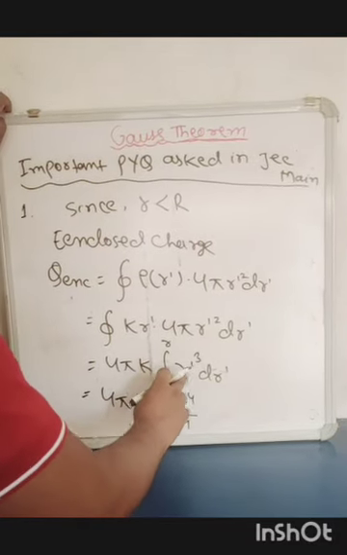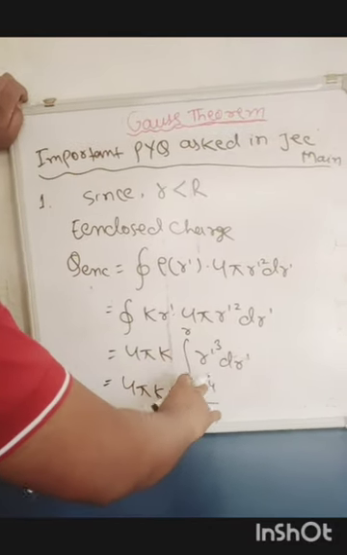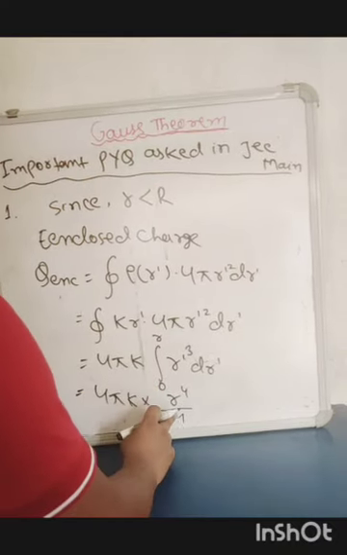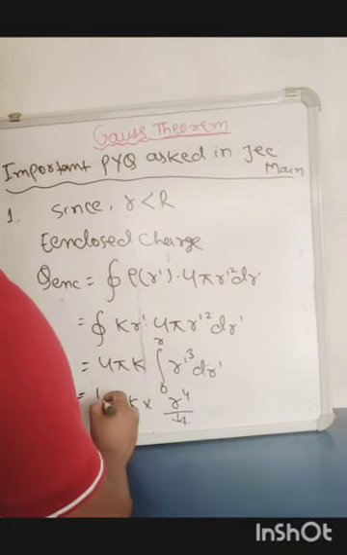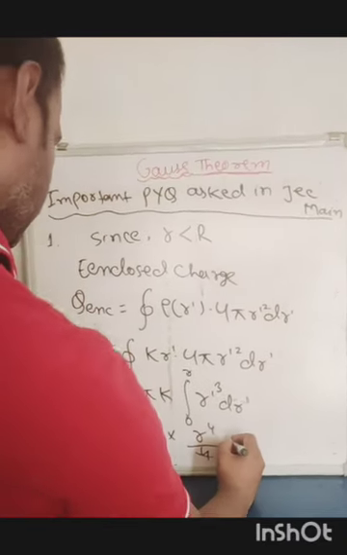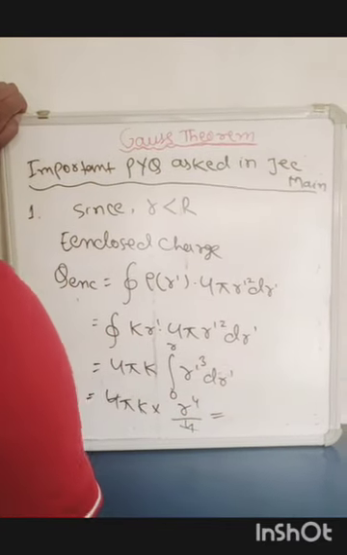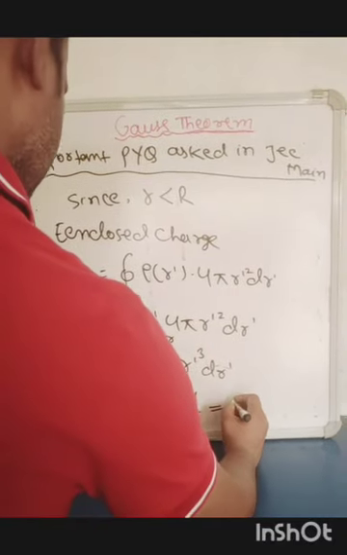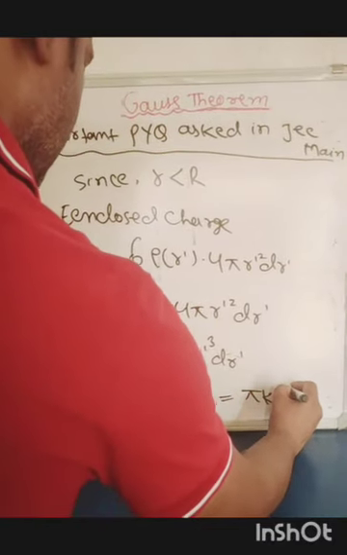The integration of r dash cube is r dash to the power 4 upon 4, and after putting the limits we get r to the power 4 upon 4. We cancel this value. Therefore its value becomes pi k r to the power 4.